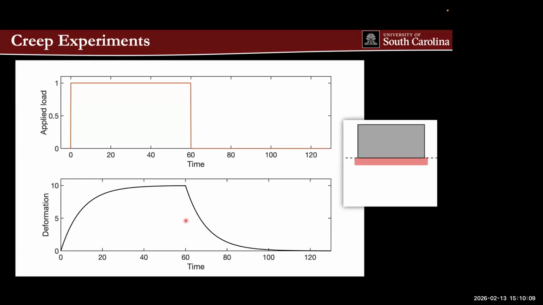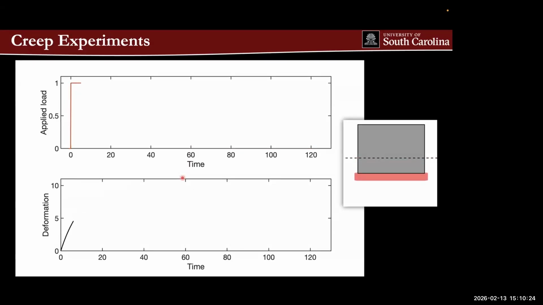Well, there is one type of experiment that we do with viscoelastic materials, and it's called a creep experiment. What we do here is we apply a constant load and measure how the material deforms under that load, right? So if I have to visualize that experiment, I put some kind of weight on my system, and then I start measuring how much the system is deforming under that weight.